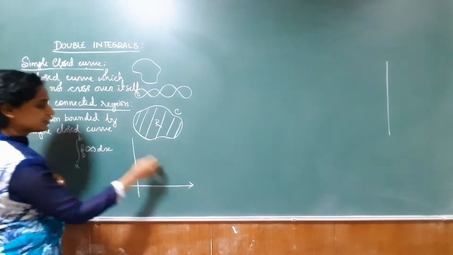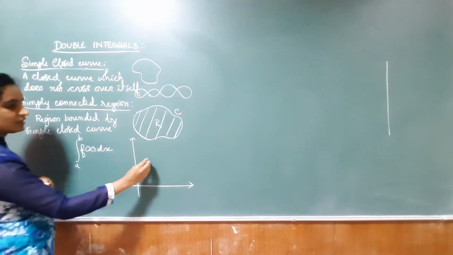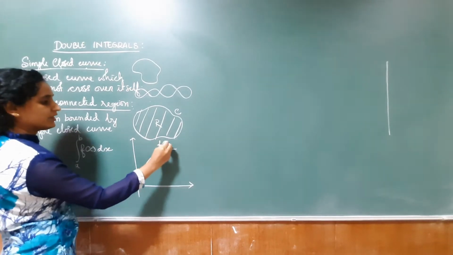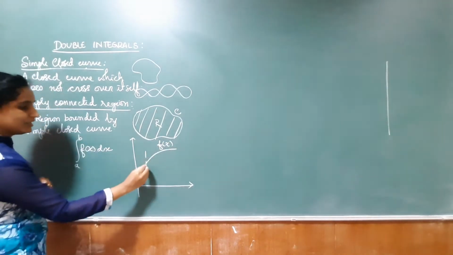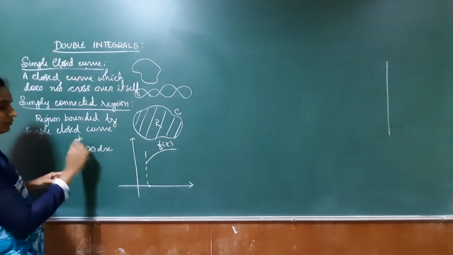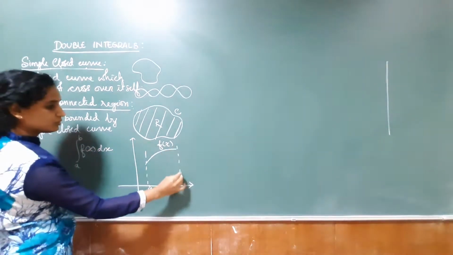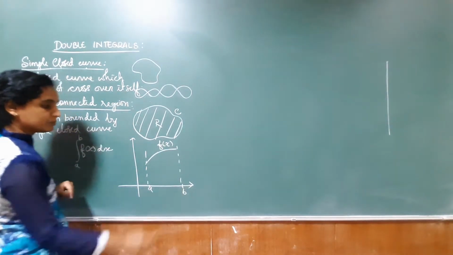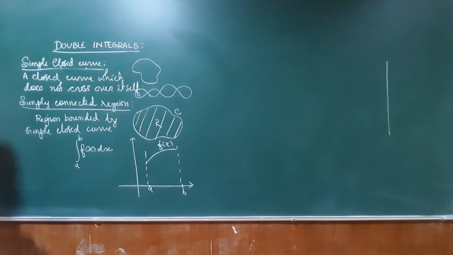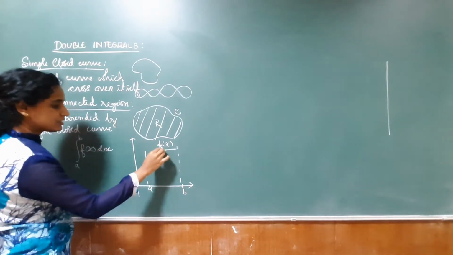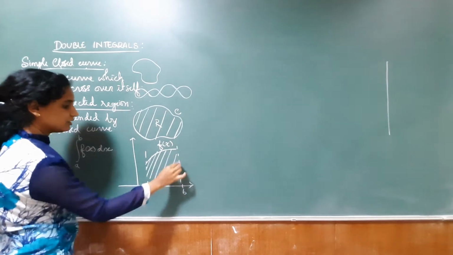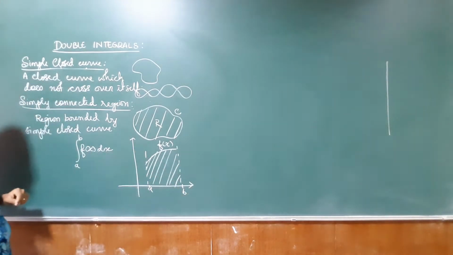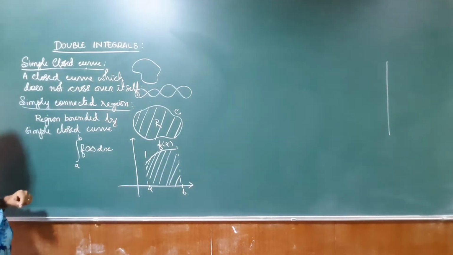The function which I am integrating is called f of x. I am integrating from x is equal to the point a to x is equal to the point b. This is the region of integration. Geometrically, this is nothing but the area under the curve f of x.